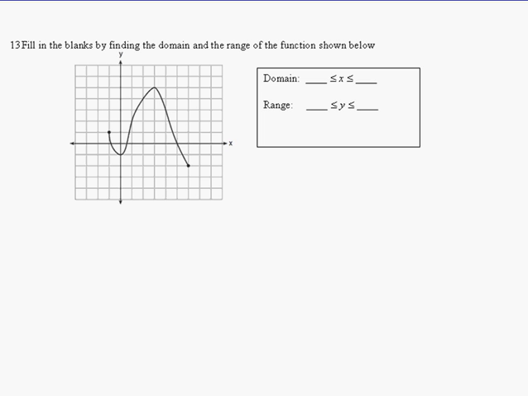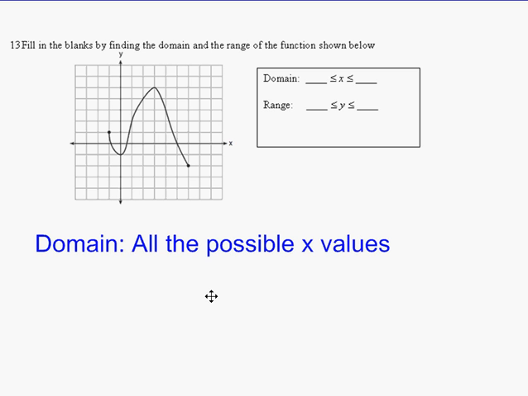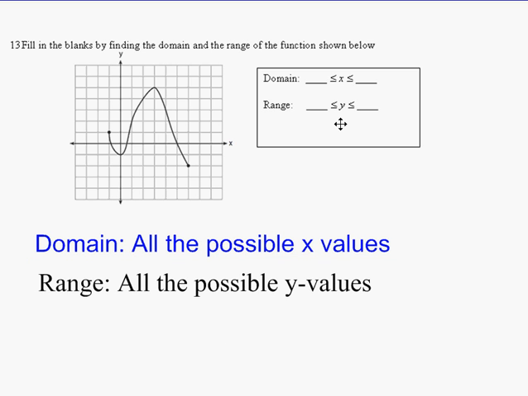Question 13, fill in the blanks by finding the domain and the range of the function shown below. Recall that the domain represents all the possible x values, and the range represents all the possible y values. So first, the domain could be anything from -1 up to, let's see, here's the origin, so that's 1, 2, 3, 4, 5, 6, so that's 6 there.